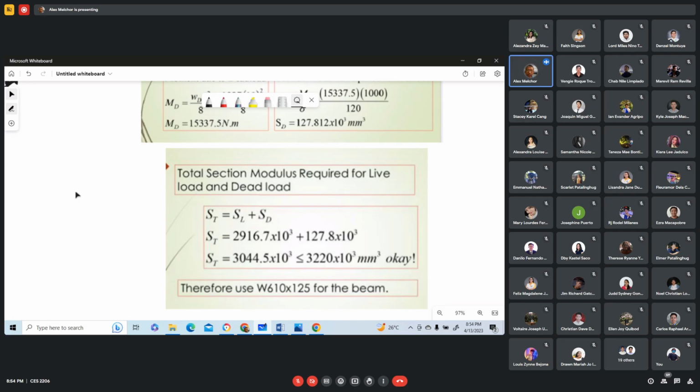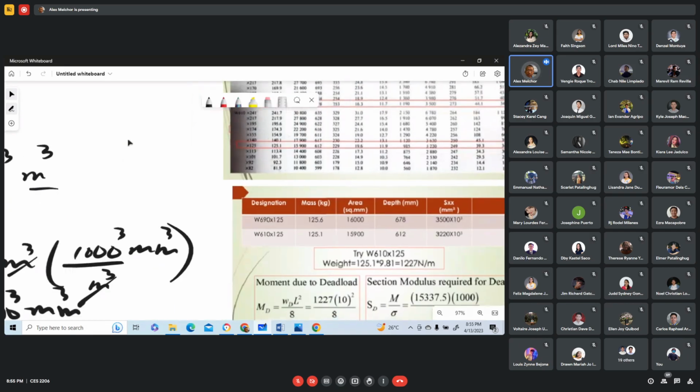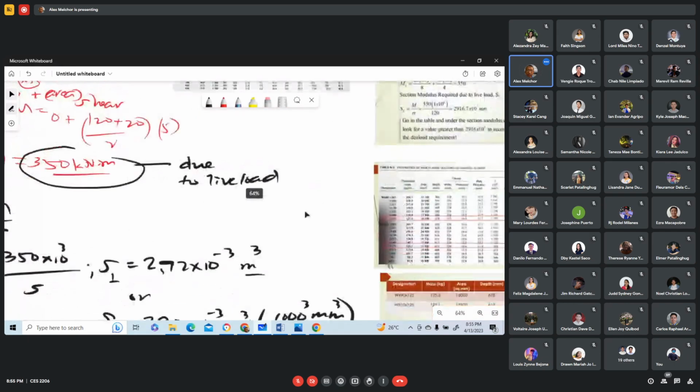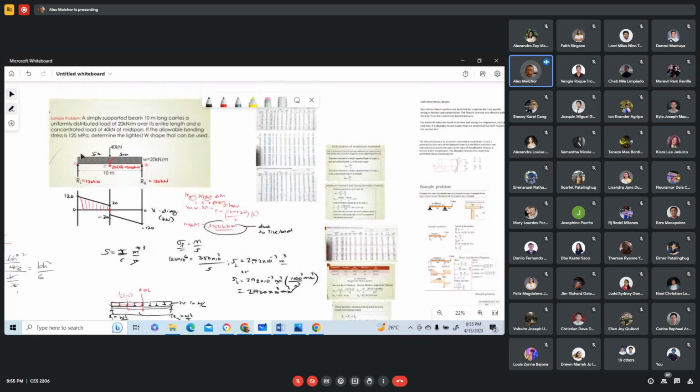But dead load is the load due to the weight of the beam. That is permanent, weight. While live load can be transferred from one point to another point. We can have a live load that is assumed to be a uniformly distributed load, something like this in our example. This is considered as a live load.